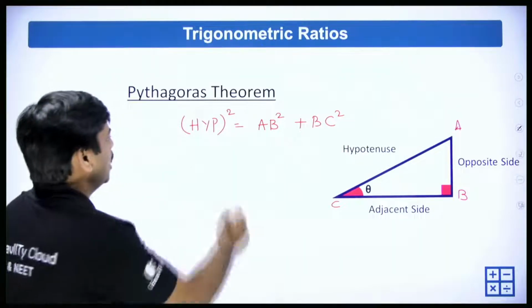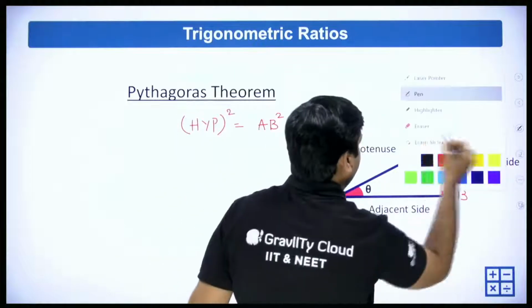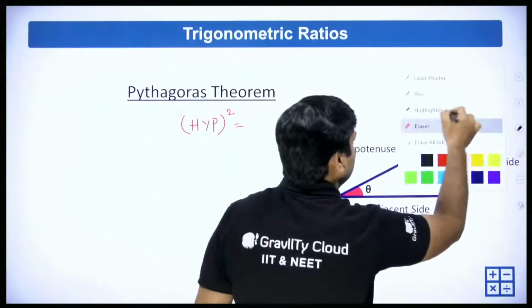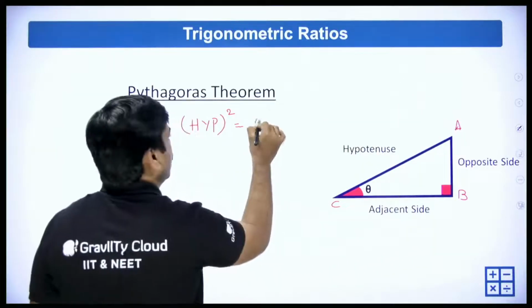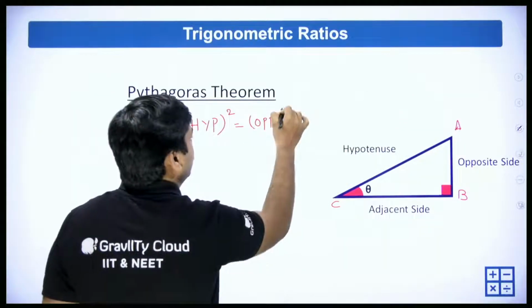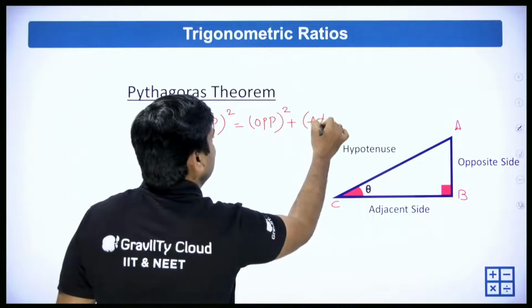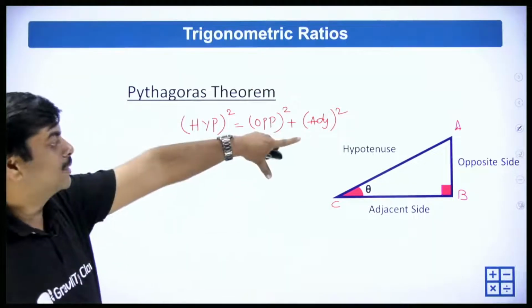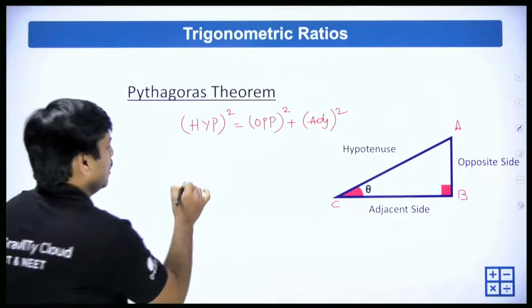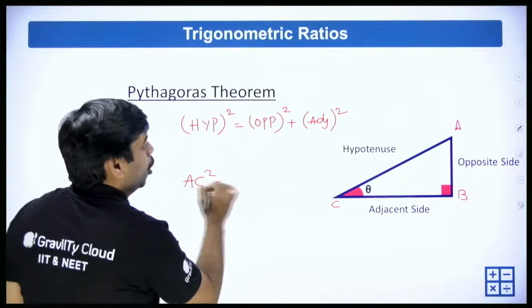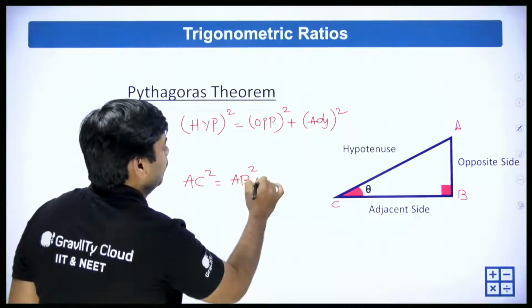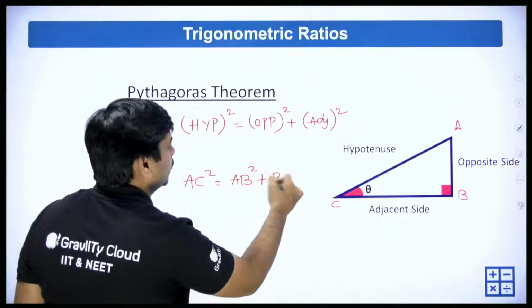Instead of writing AB and BC, we'll talk about opposite and adjacent. Opposite side whole square plus adjacent side whole square. So hypotenuse AC square is equal to opposite AB square plus adjacent BC square.